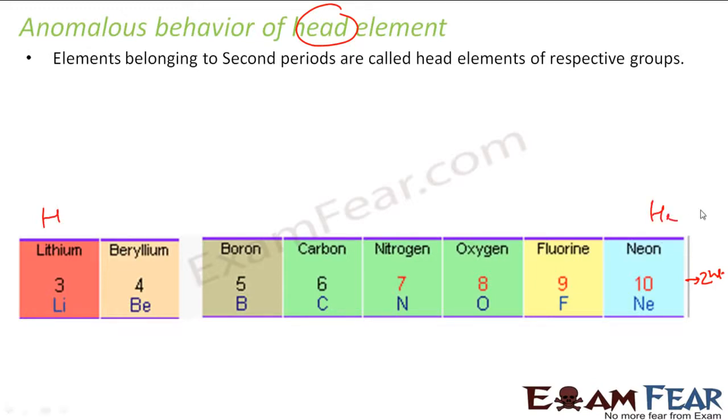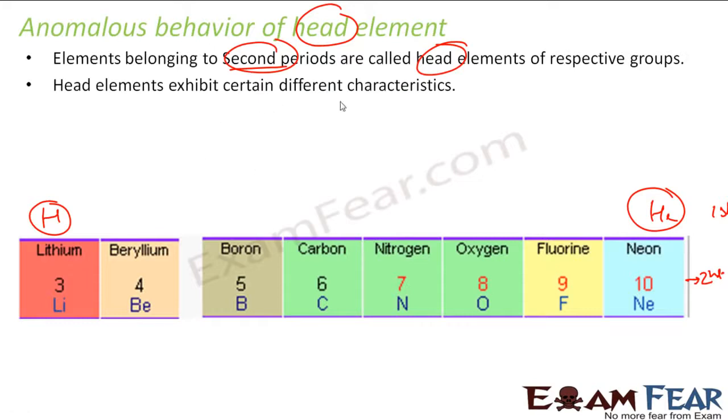This is my first period. If you see the second period elements, their characteristics are totally different, and the second period elements are actually the head elements. Hydrogen and helium are in period one, you just ignore them. The heads are basically the second period elements. Please note, the head elements are the second period elements, not the first period elements.